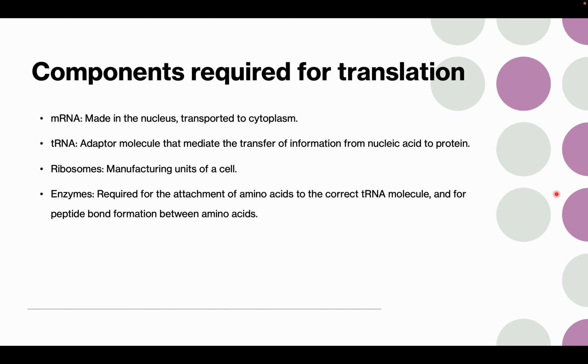Then there are different enzymes required for the attachment of tRNA and for the formation of peptide bonds between different amino acids, and other factors like the initiation factor, elongation factor and termination factors, which are different for eukaryotic translation.